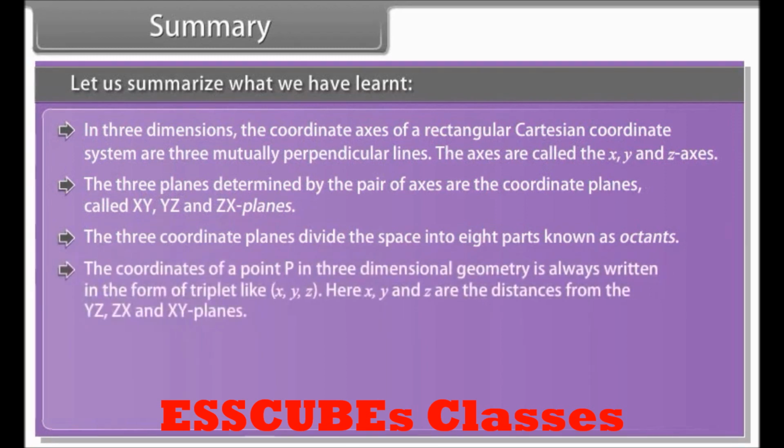The coordinates of a point P in 3-dimensional geometry are always written in the form of a triplet like (x, y, z). Here, x, y and z are the distances from the yz, zx and xy planes. Any point on the x-axis is of the form (x, 0, 0).